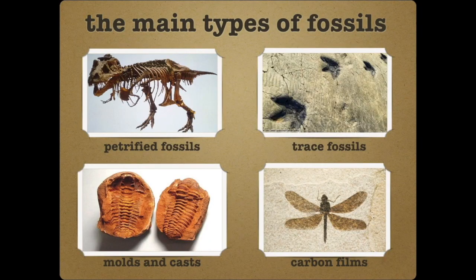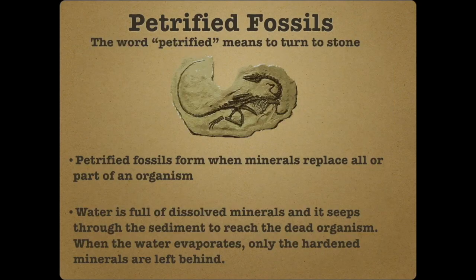The 5 types of fossils we're going to talk about are petrified fossils, trace fossils, molds, casts, and carbon films. So a petrified fossil is when minerals replace all the organic parts of the organism. Petrified means to turn to stone.